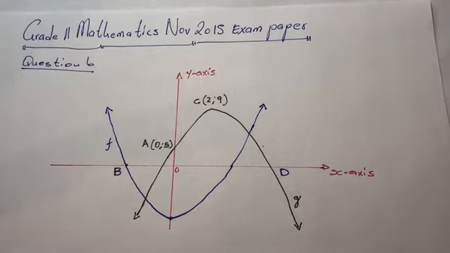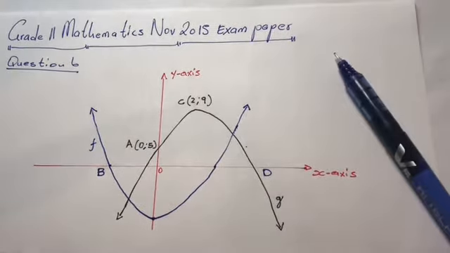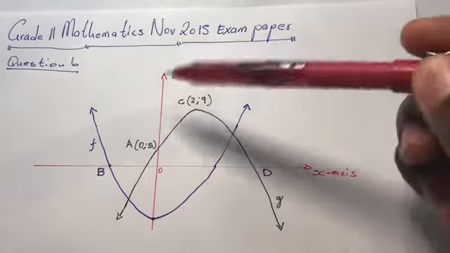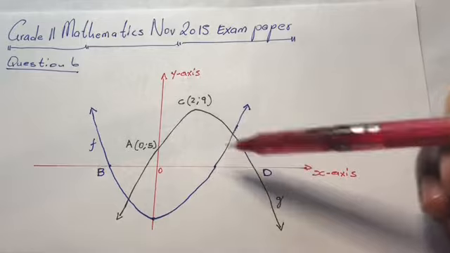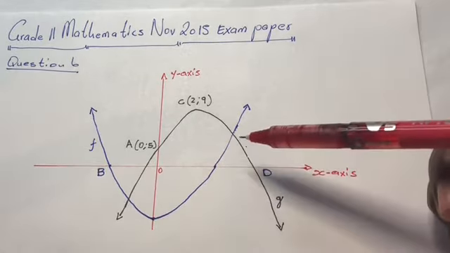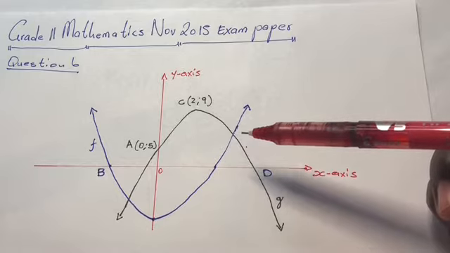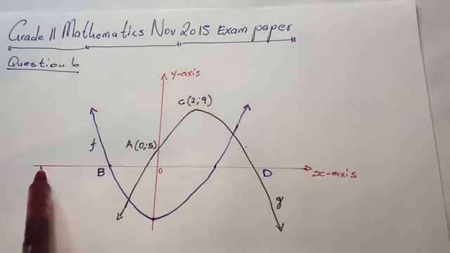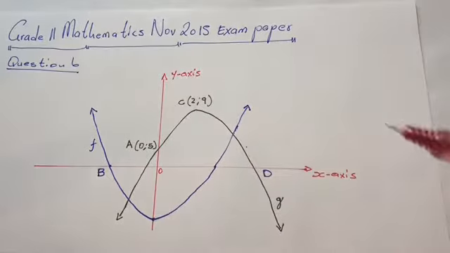Before we go any further, I just want to quickly explain something. When it comes to functions, we've got a thing called the Cartesian plane. The functions or graphs are drawn on a Cartesian plane, and a Cartesian plane has two axes, the x-axis and the y-axis.